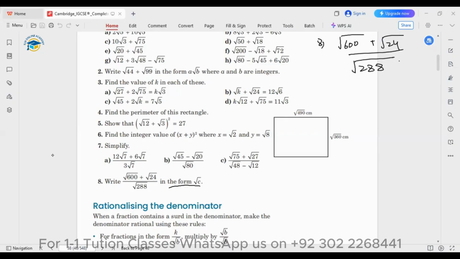Fine. So first of all, we can make 600 as 6 times 100, 24 as 6 times 4, and for 288, let me check if this as well is divisible by 6. Yes, this is.